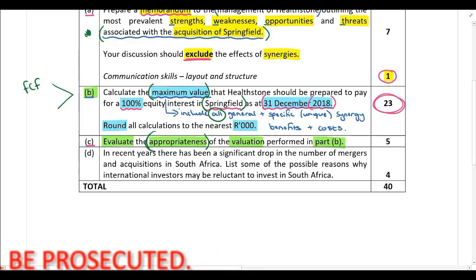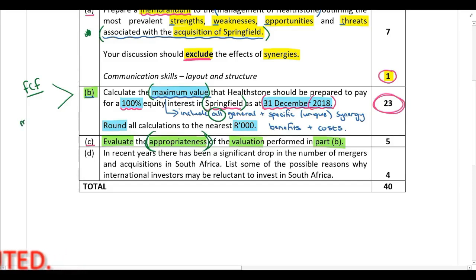Is that appropriate? So is it appropriate to use the free cash flow method, and is it appropriate to calculate the maximum value, which includes all general and specific or unique synergies and costs? So that's what we are going to focus on in our discussion.